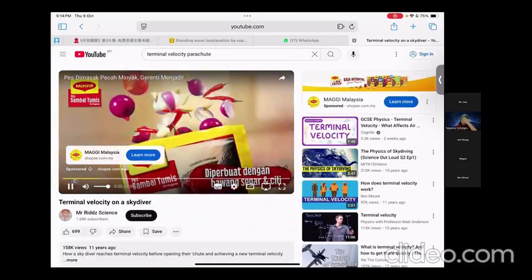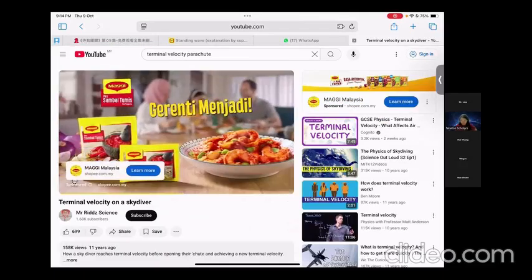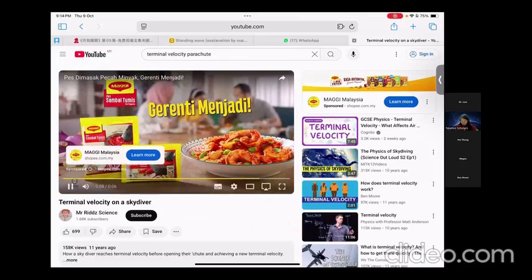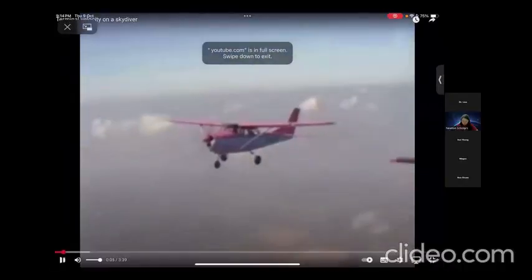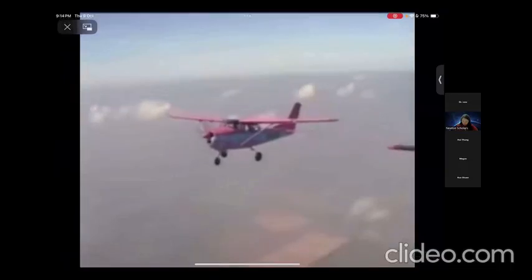Okay, Teresa, we're having a look at this. When a skydiver jumps out of a plane at 3,000 meters, her speed goes... Okay, observe when it jumps down, so it will accelerate. Accelerate means speed up. Starting to accelerate very fast, but after that, what's going on with your acceleration when starting to have air resistance?